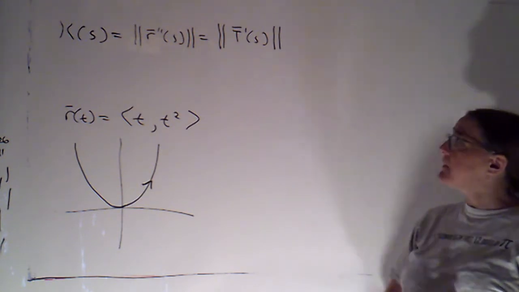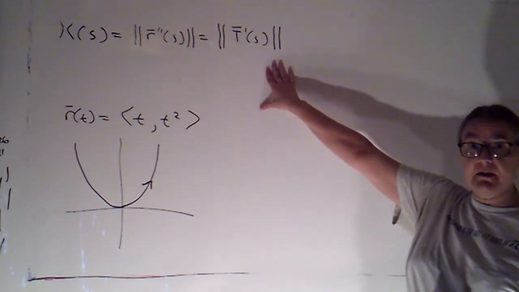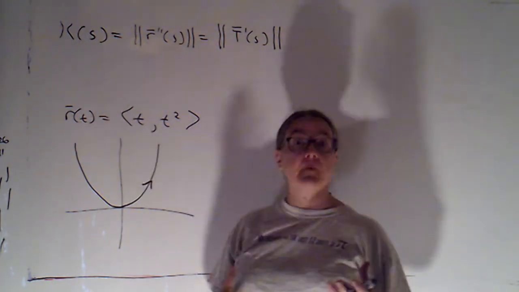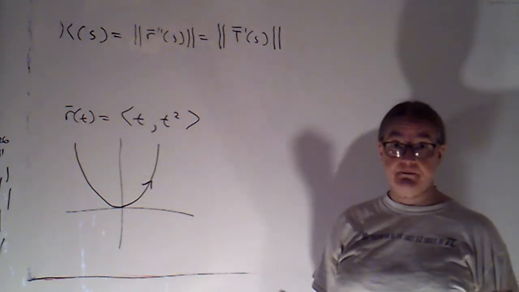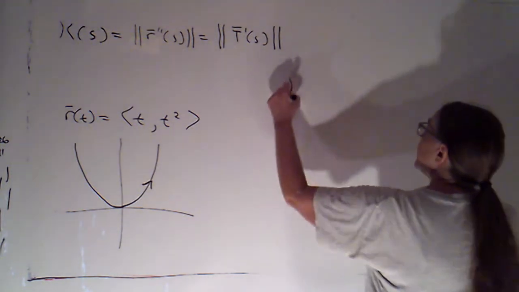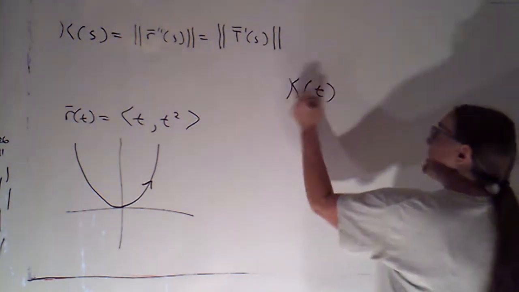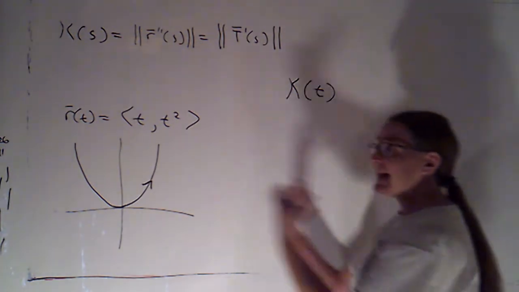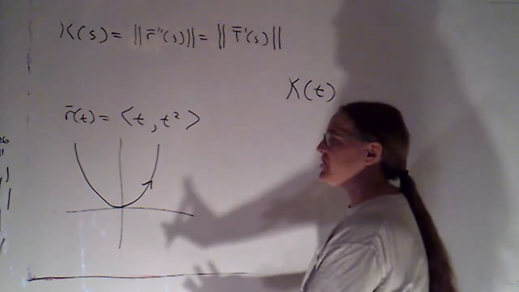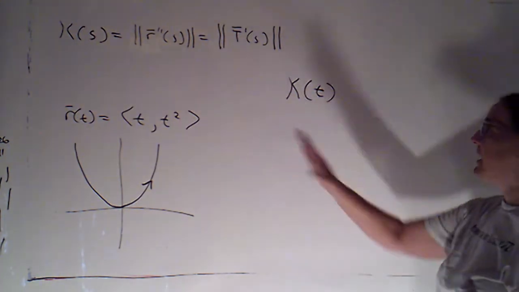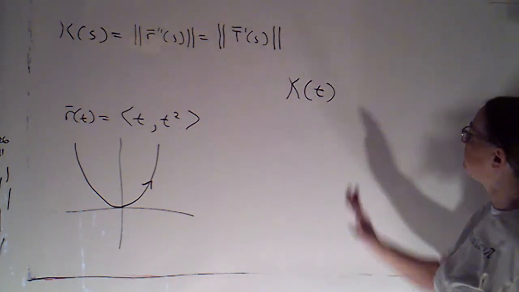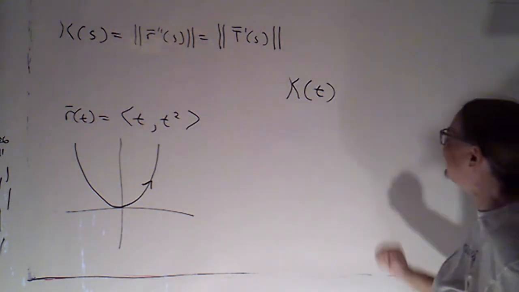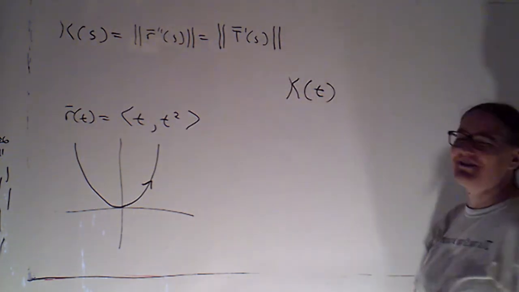It turns out that there are some equivalent formulas for curvature that allow us to stick with an arbitrary parameter t. So it's still curvature, but I'm just going to give you a formula in terms of t so that we can bypass that step of having to try to find the arc length parametrization.